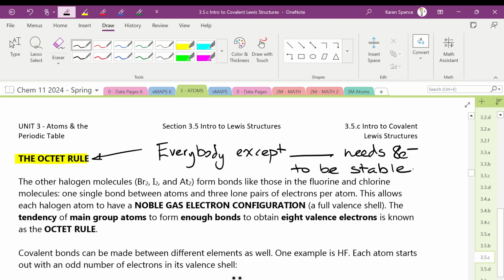Helium and hydrogen. And we're not actually going to worry about helium because we're not going to draw covalent structures for molecules including helium, because helium does not bond. It's not very exciting. Okay? Everybody except hydrogen needs 8 electrons to be stable. That's what the octet rule is. It means you need a complete octet. You need 8 electrons.